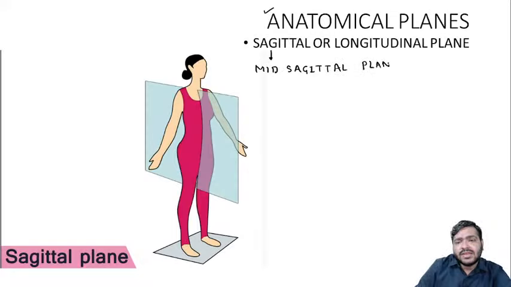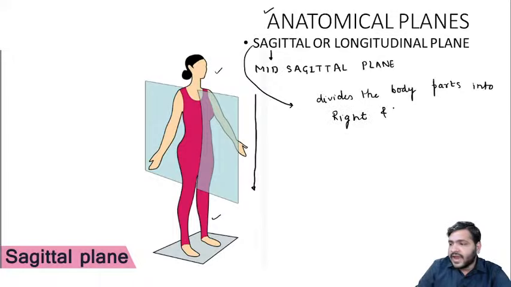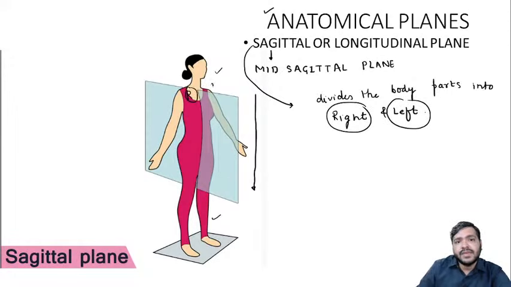See, it is a sagittal plane which is running from superior to inferior in a vertical direction, guys. And remember, it is a plane which divides the body parts into right and left. And remember, guys, that the right and left parts of the body externally will be equal.